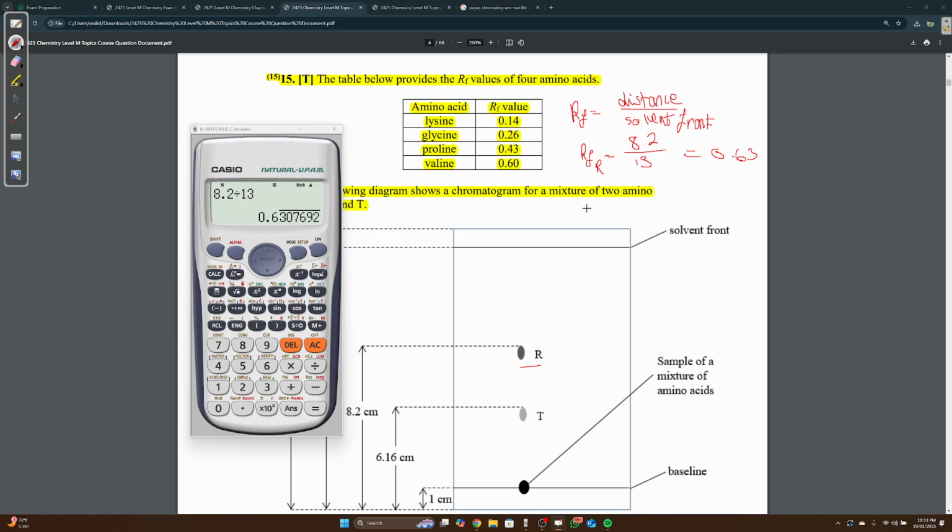This is the RF of R. How about the RF of T? It's going to be 6.16 divided by 13.